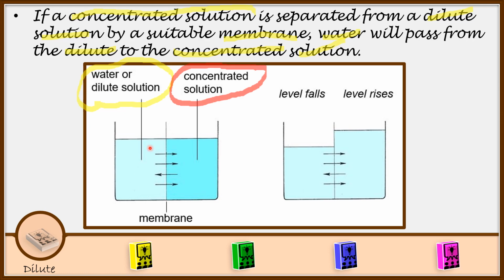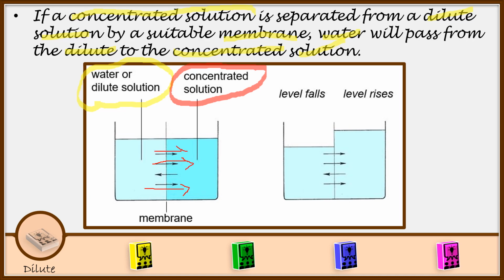Because on this side we have a dilute solution, it means that water is going to move from this side going to this side of the solution, which is concentrated. So we shall see that water is moving from the dilute solution and entering into the concentrated solution.